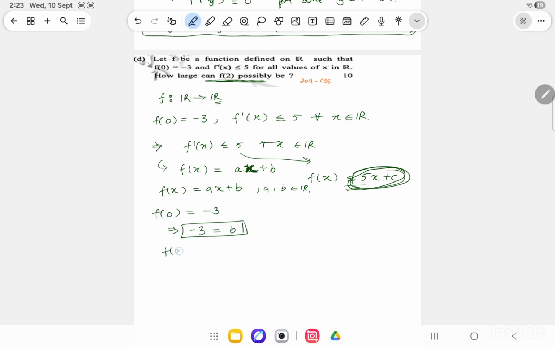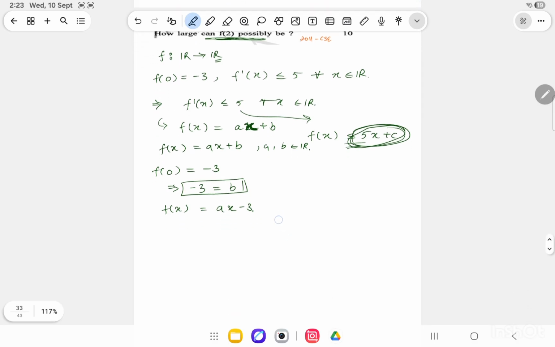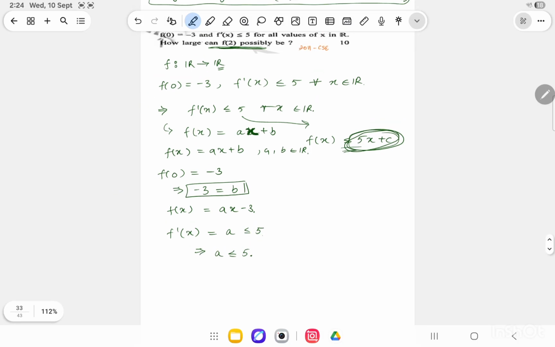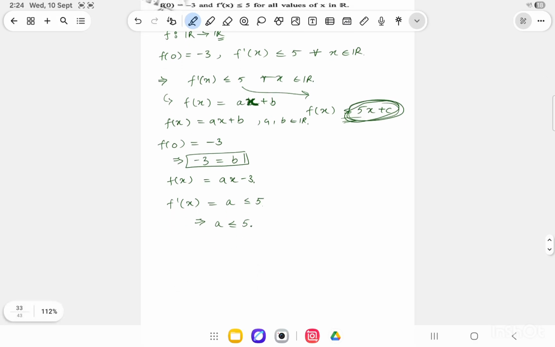So my function f(x) is basically ax minus 3, and the question says that the derivative of f(x), that is f dash x, which is equal to a, is always less than or equal to 5. So from here I got a less than or equal to 5 always, and we are supposed to find the largest value of f that is possible.